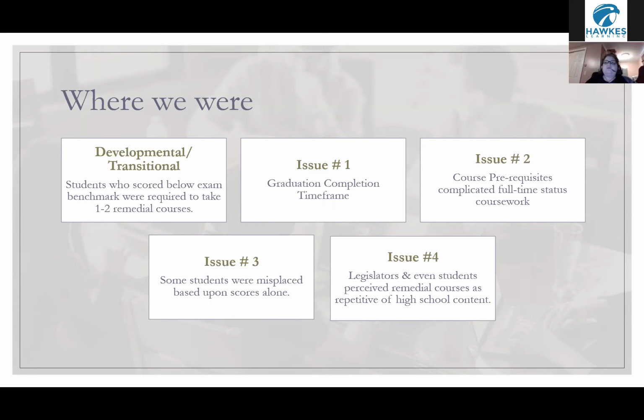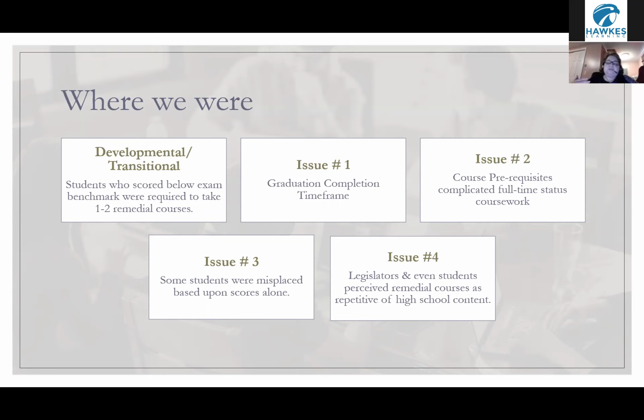So there was difficulty putting together full-time schedules that students could take and maintain full-time status with federal financial aid. A third issue was that some students were, of course, misplaced based upon their test scores when we looked at test scores alone.